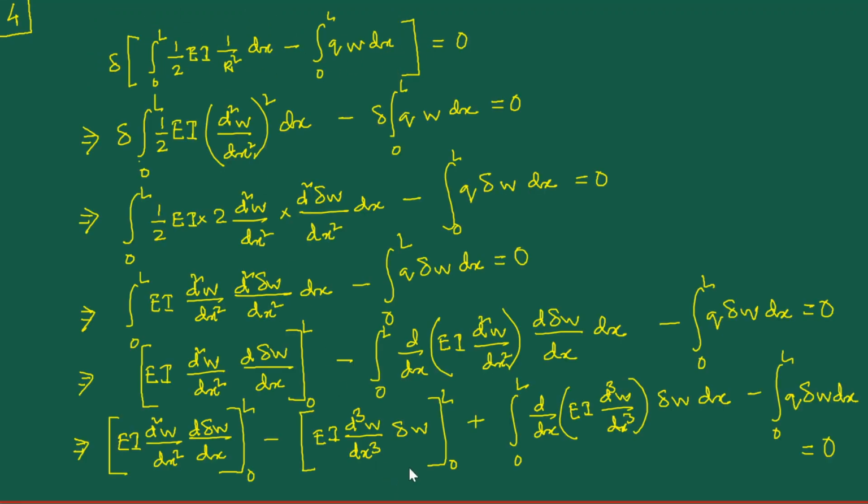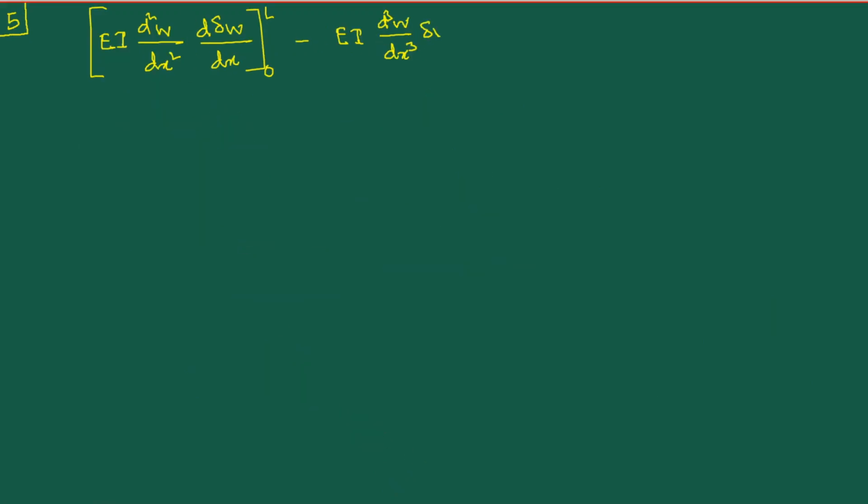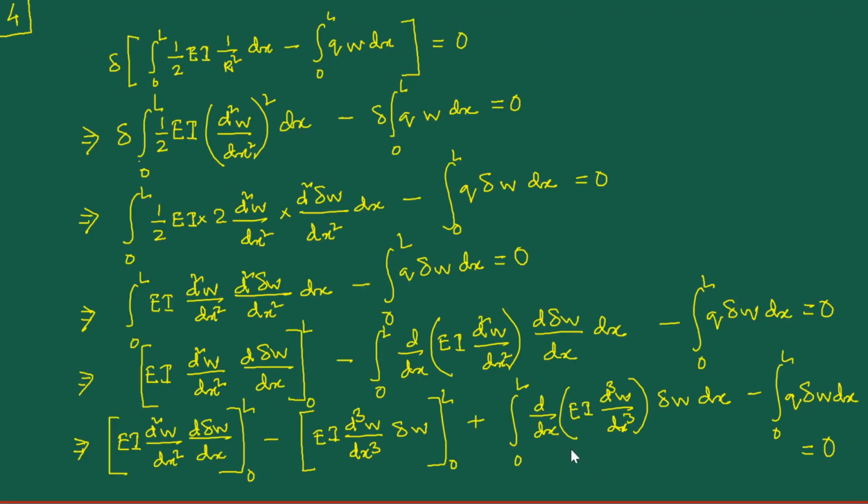We take a look back, I'm just left with this delta W, and then I have this 0 to L. So I'm going to club this term and this term here.